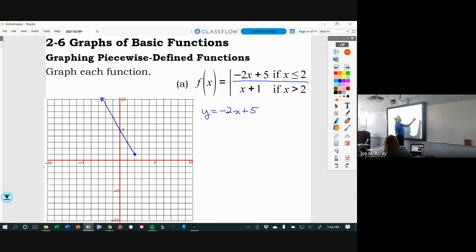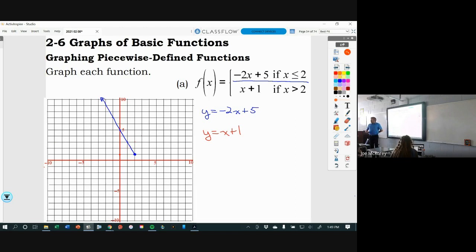The second part, if I was going to graph the line y equals x plus 1, how would you graph that? Start at 1 and then straight up 1 over 1, up 1 over 1, and so on. And you would draw that nice straight line, right?